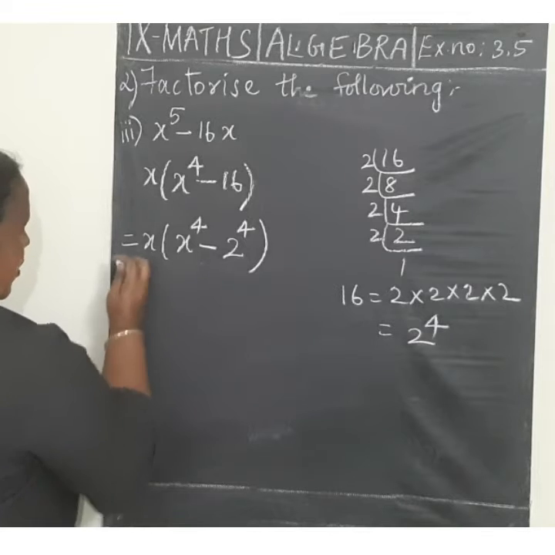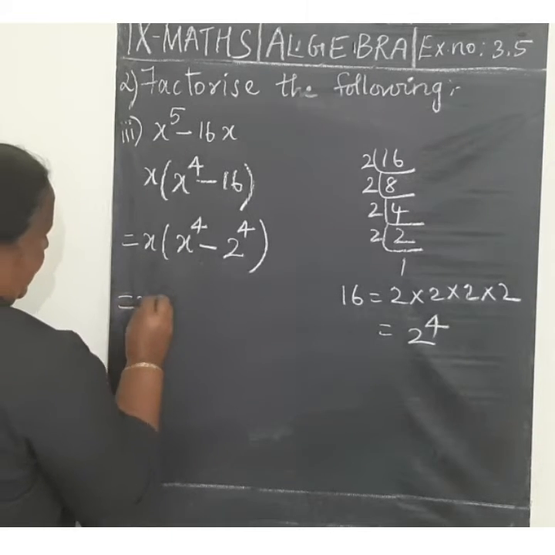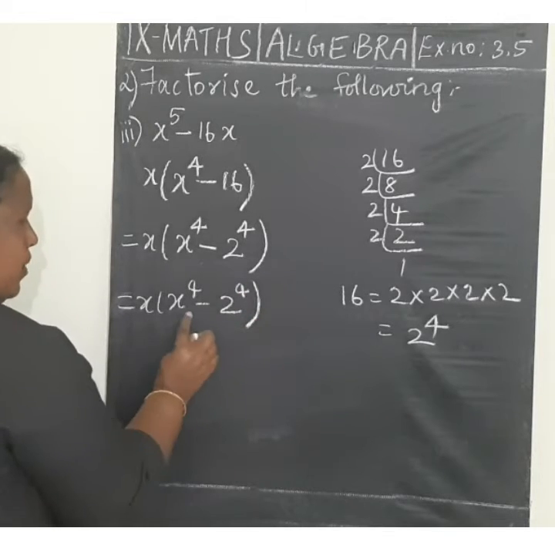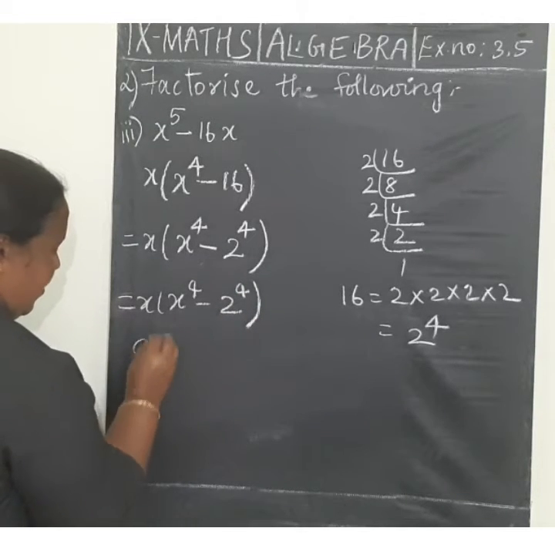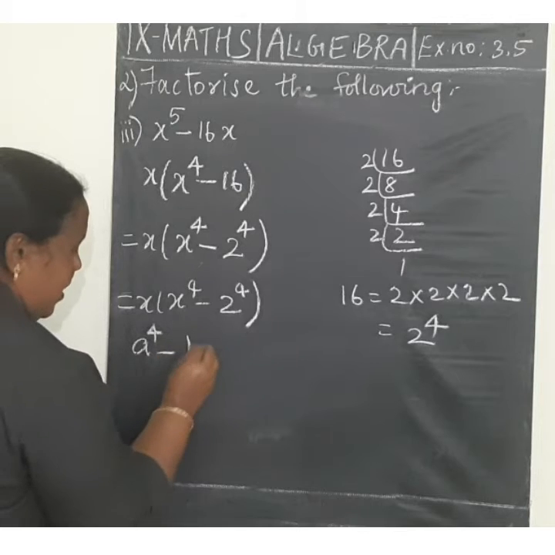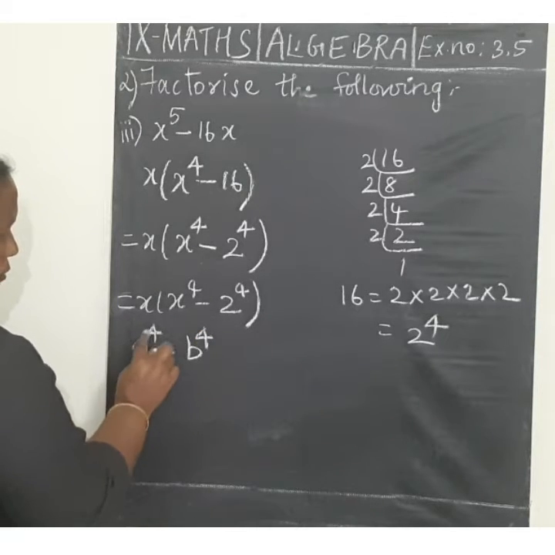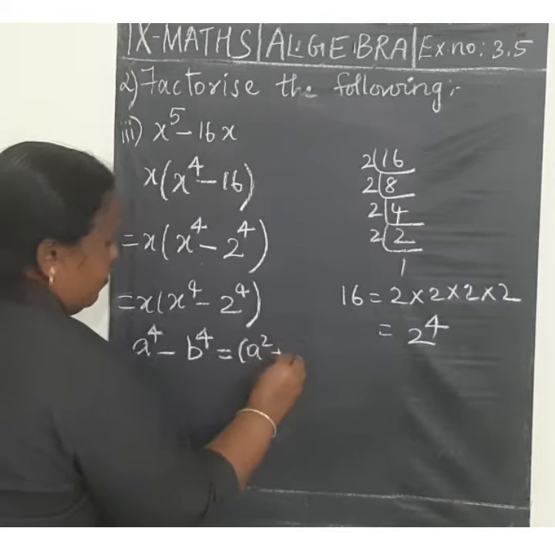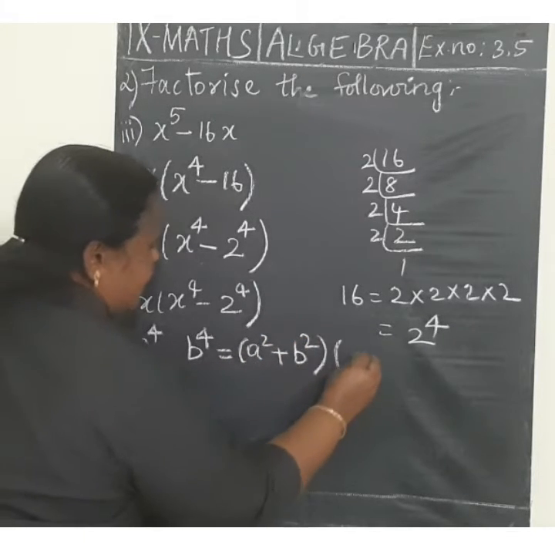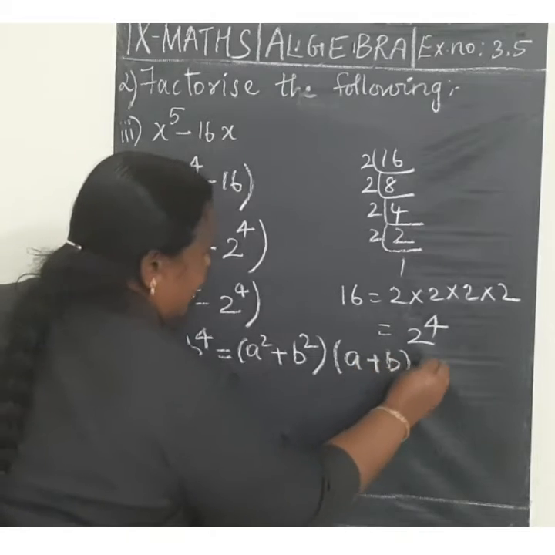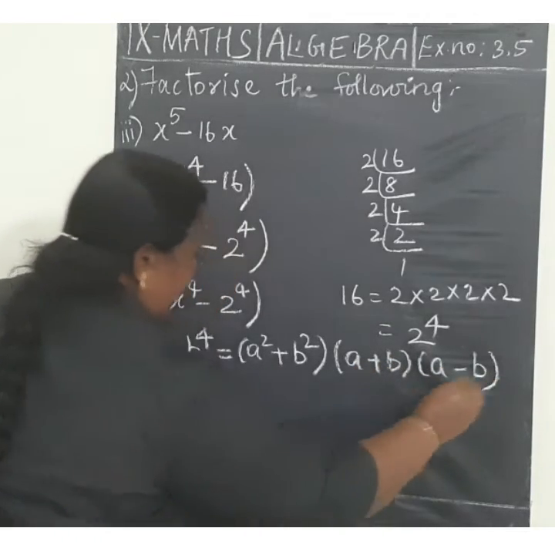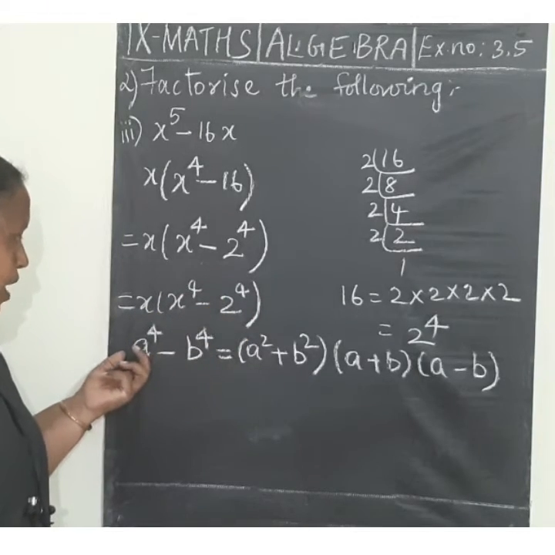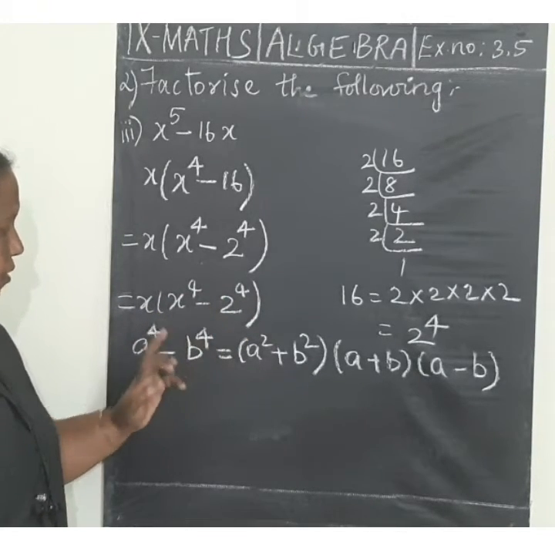Now this is equal to x into x power 4 minus 2 power 4. We can compare with the identity a power 4 minus b power 4, which is equal to a square plus b square into a plus b into a minus b. Now we have x power 4 minus 2 power 4 in the form a power 4 minus b power 4.